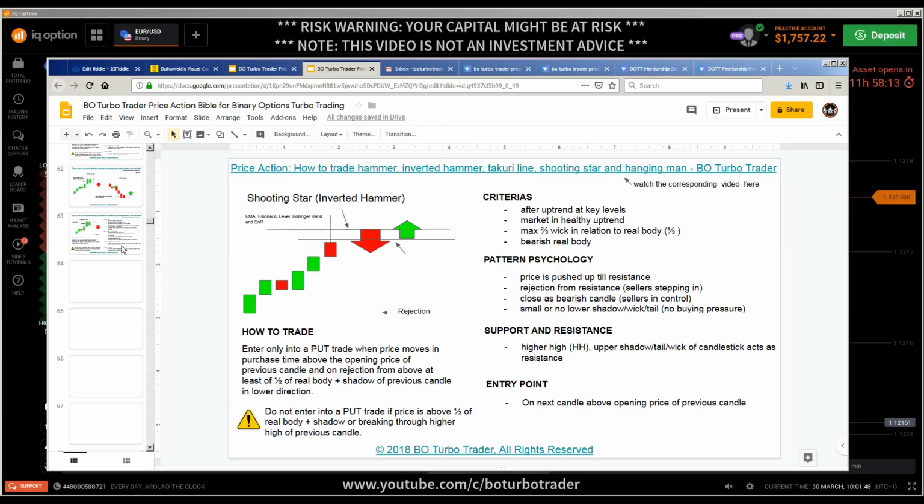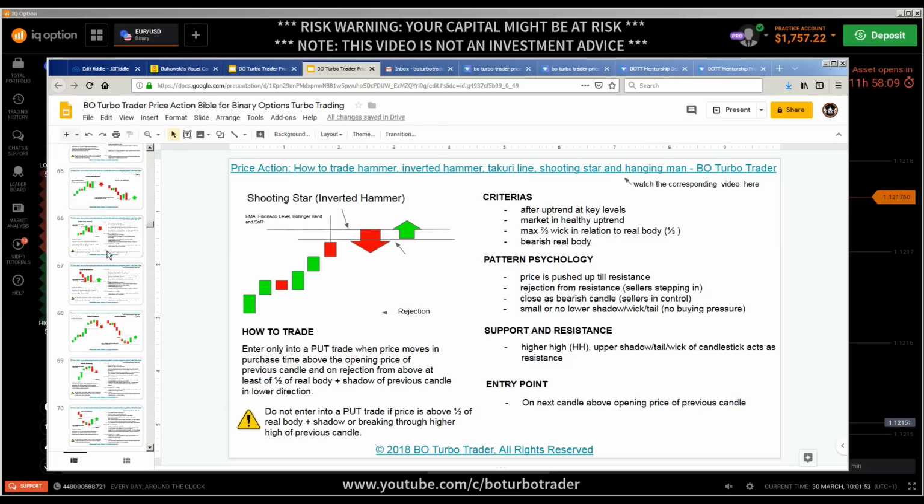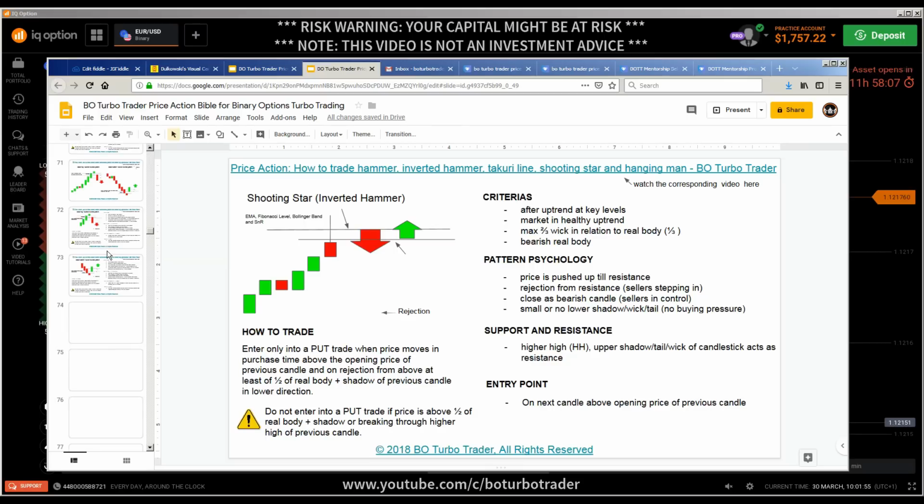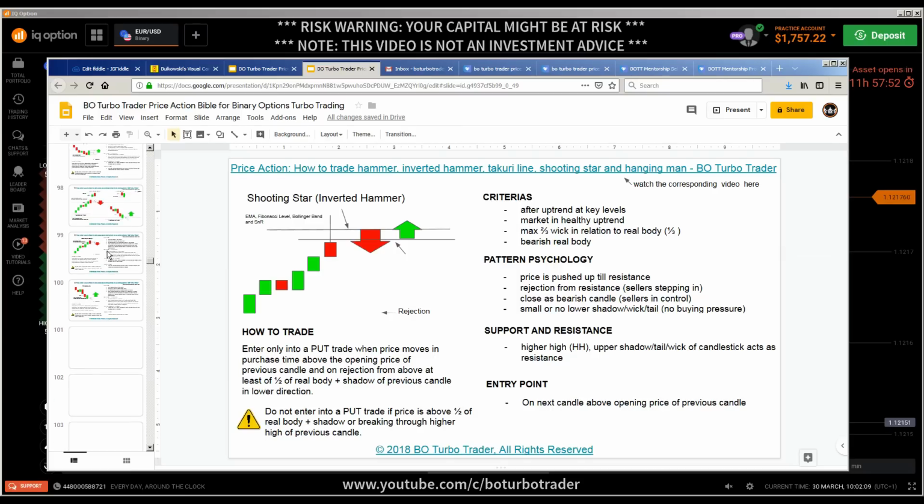I can scroll here for a long time, and it takes really long to load them all. Everything is explained in detail over and over again, and we are here at the halfway point of this price action Bible.